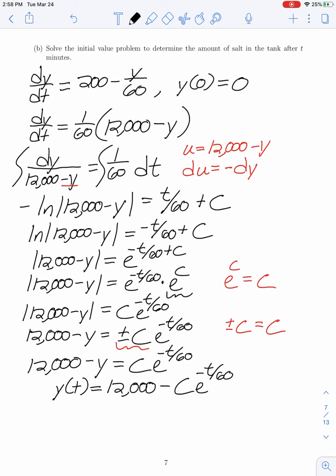So in the last part of this problem, we still have to solve for the constant c. What we have so far is just the general solution of this initial value problem. We need to find the constant c that satisfies our initial condition, which was y of 0 equals 0.